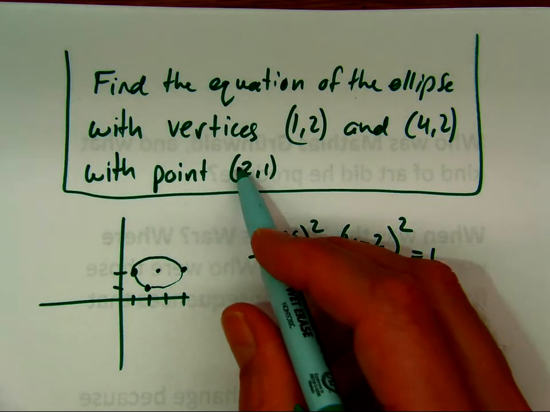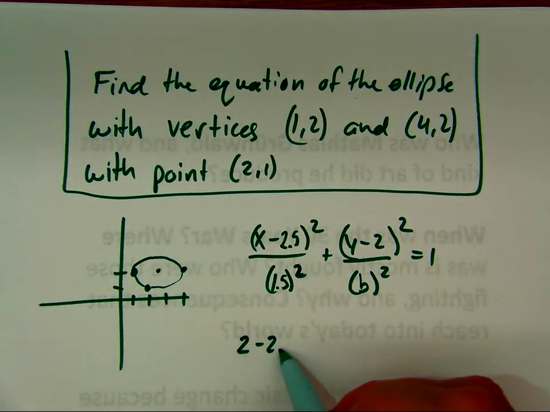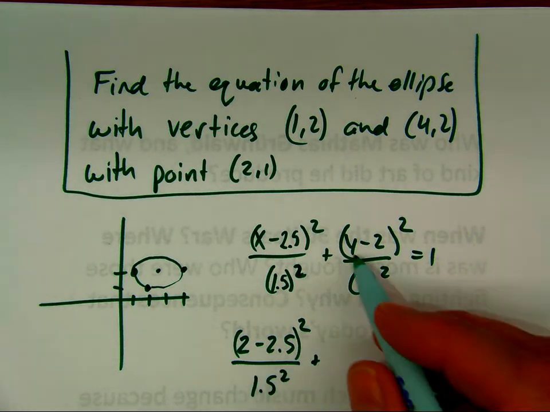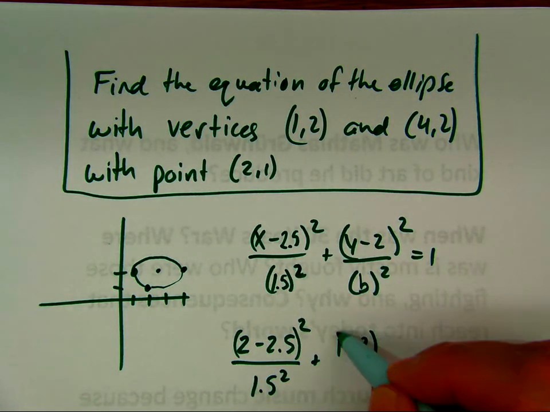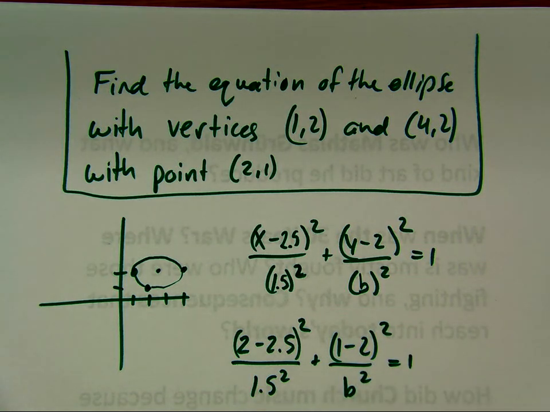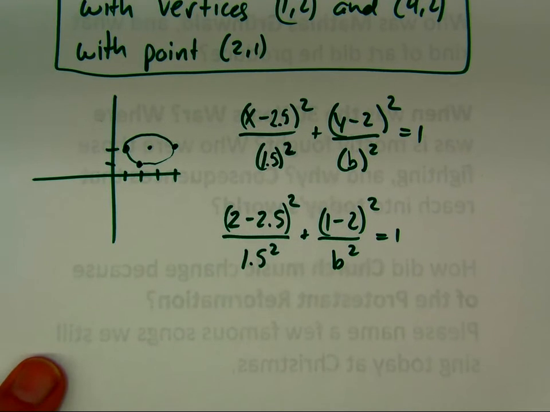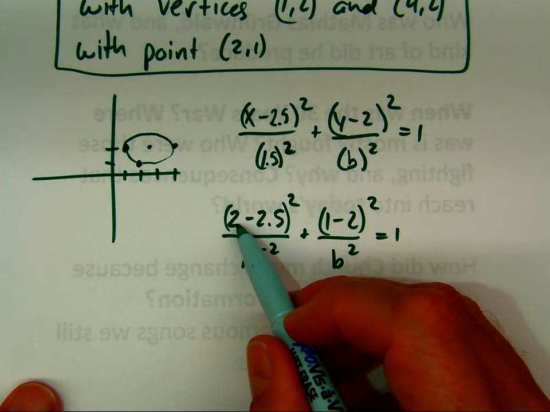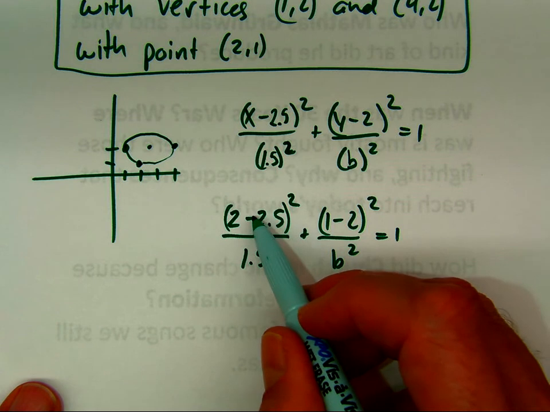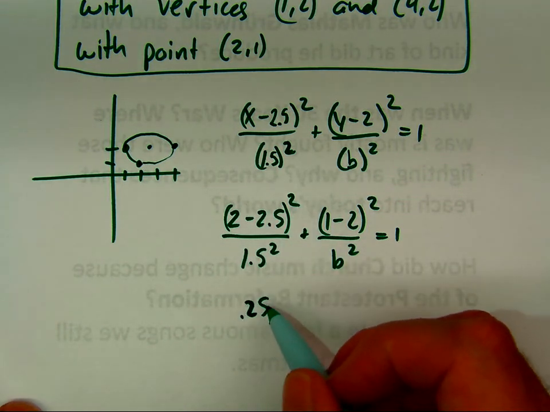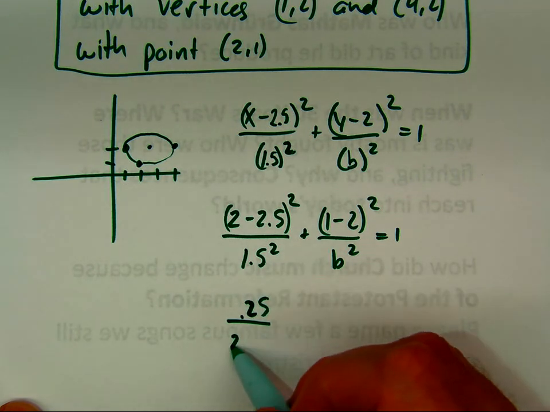So x is 2. Y is 1. And if we have 2 minus 2.5, that's 0.5 squared is 0.25. 1.5 squared is 2.25.